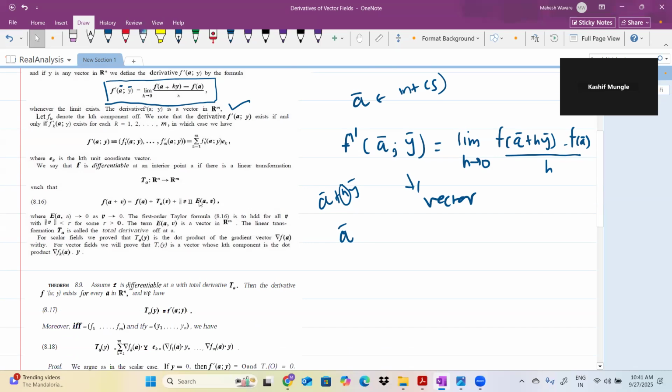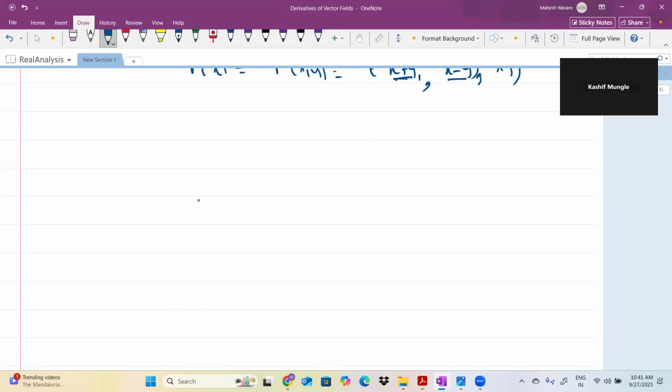Now we discuss the component-wise view. Suppose fk is the kth component of that function, and if f dash of a, y exists, the important statement we are making is this. Suppose fk of x bar is the kth component of f of x bar. Like in the codomain we have a total of m components, f1, f2, fk, and fm.